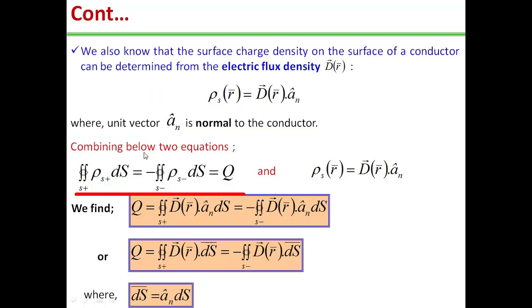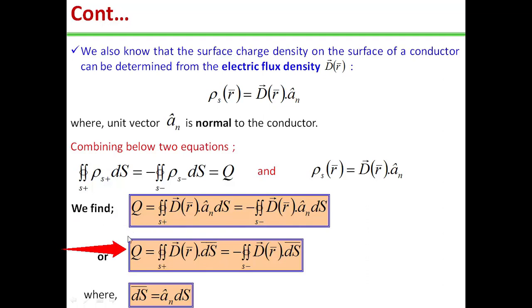After combining the previous equations, that is, the surface integral of rho s plus ds equal to minus the surface integral of rho s minus ds, which is equal to Q, and the other equation rho s is equal to D dot an, we will get Q is equal to the surface integral of D dot an ds, and this will be equal to the surface integral over S minus of D dot an ds.